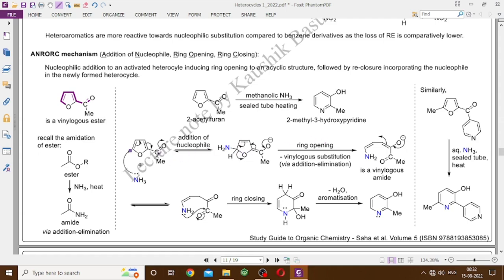To be precise, this is actually a vinylogous substitution at this carbonyl carbon, via addition elimination.